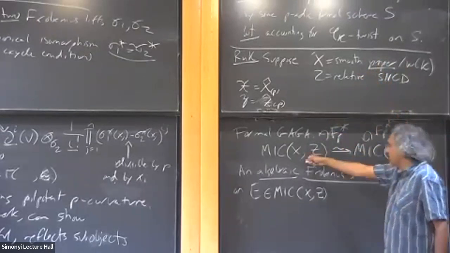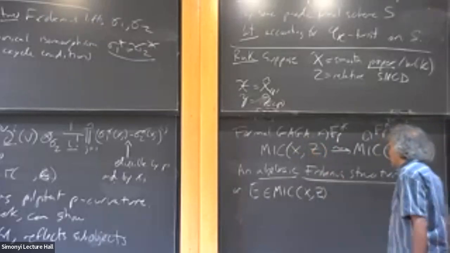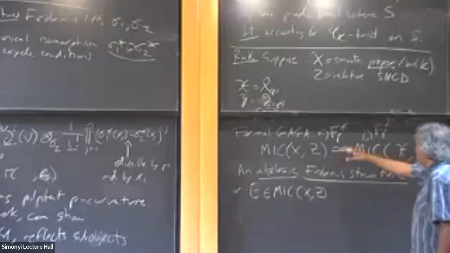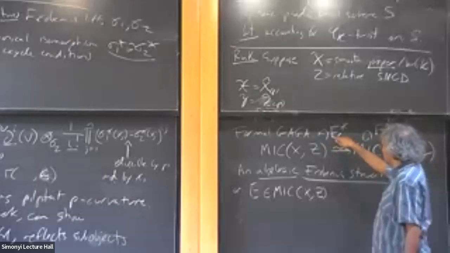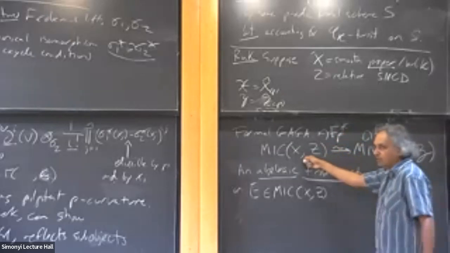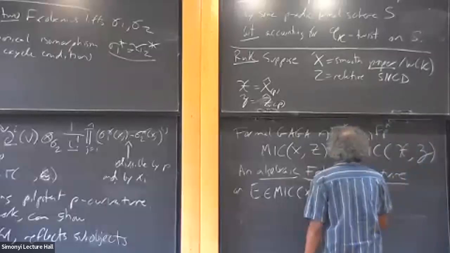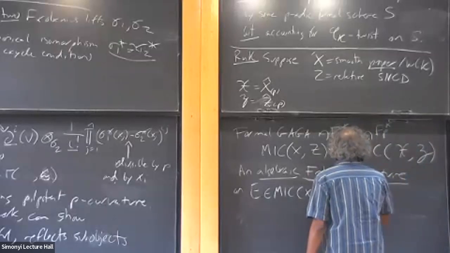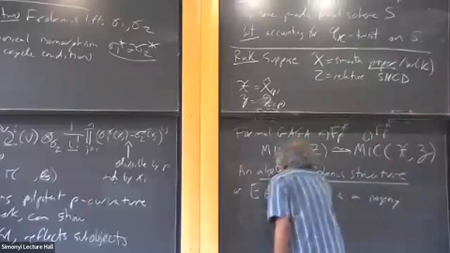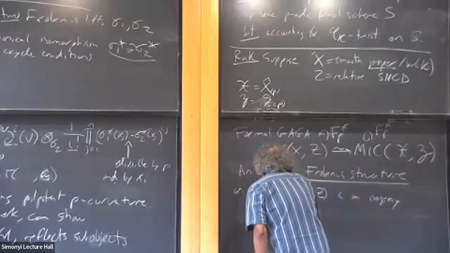But at least if you have an individual module with connection on this scheme, then GAGA tells you that it makes sense to interpret the result of this functor as another object. So an algebraic Frobenius structure on this thing will be an isogeny between E, well, some Frobenius pullback of E, and E.